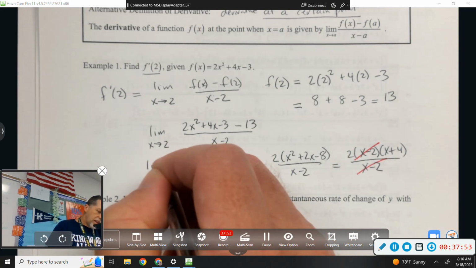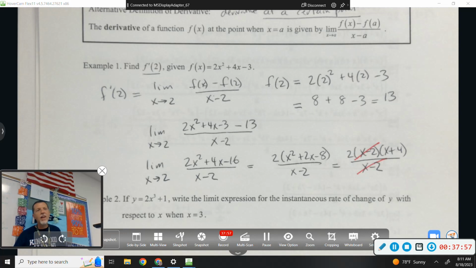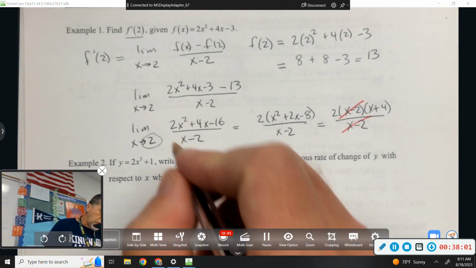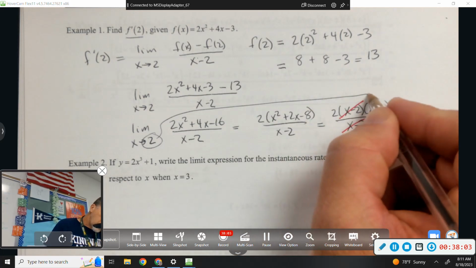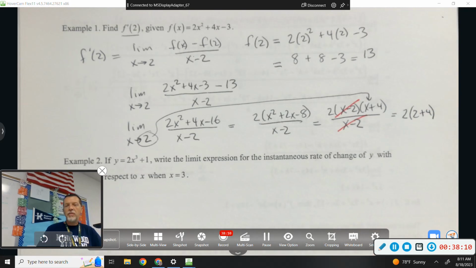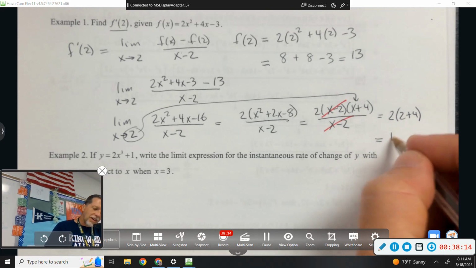Officially, of course, I've been writing a limit as x approaches 2 in front of every single step. Now we can substitute 2 times 2 plus 4. Safe stop if you want, but by now, it's like, well, I'm almost there. And I just say the answer is 12.